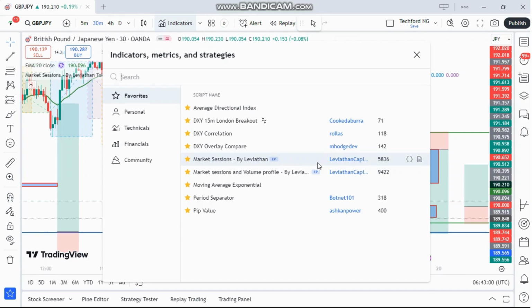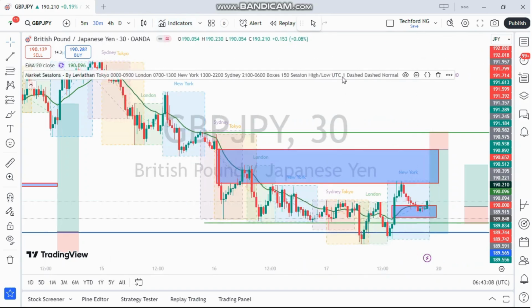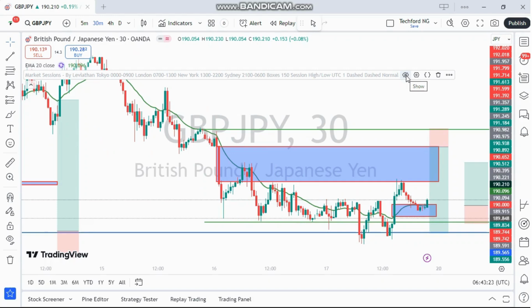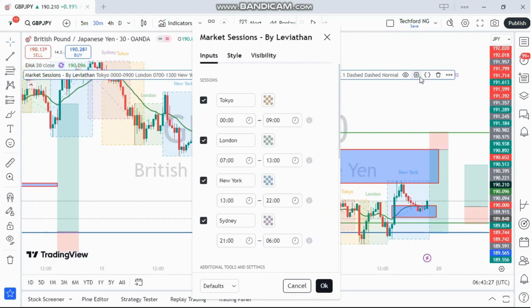This is it. Add it to your favorites, right? Once you tap on it, it is going to be displayed here. Look at it. Market sessions by Leviathan: Tokyo, London, New York, Sydney, session high, low, UTC. You can hide it, you can activate it, you can set the timings here.